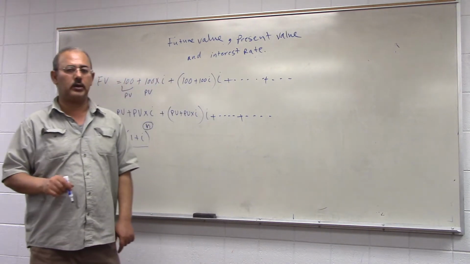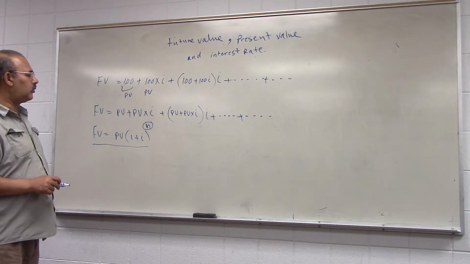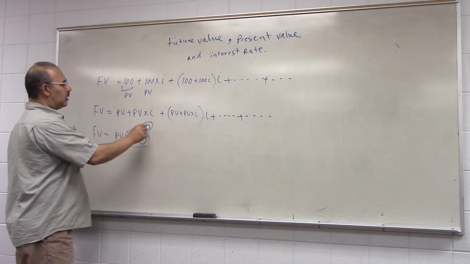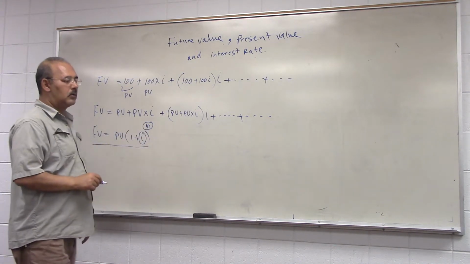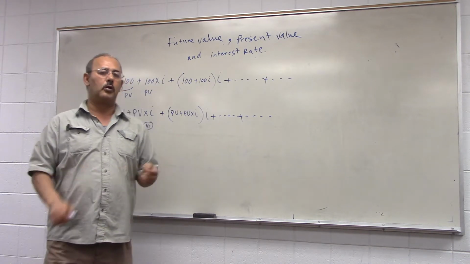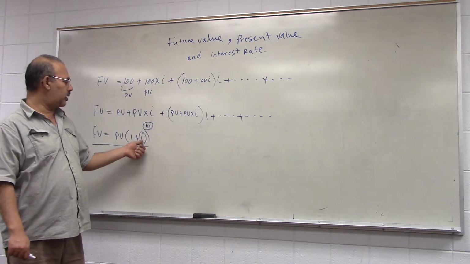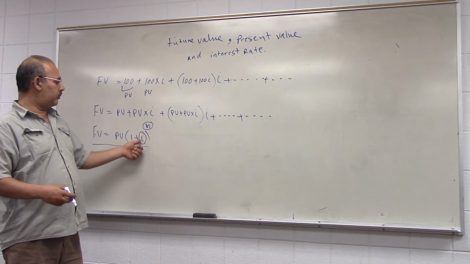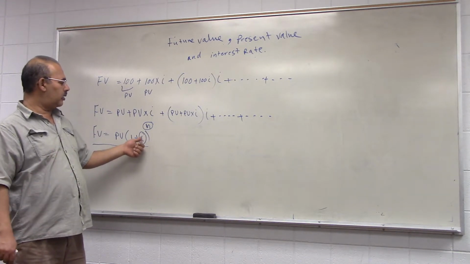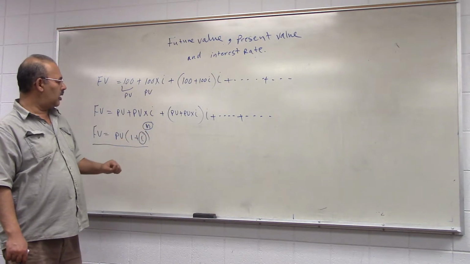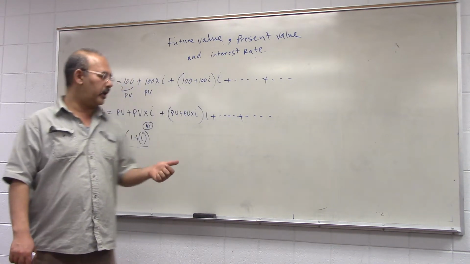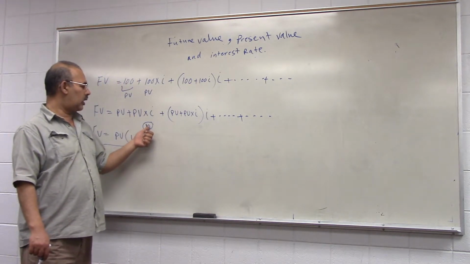This is a very important point, because it means the interest rate and the time period must be in the same unit. If we talk about a monthly interest rate, the time period here is in months. If we talk about a daily interest rate, this will be days. And if we talk about a yearly interest rate, this means we consider time as years.